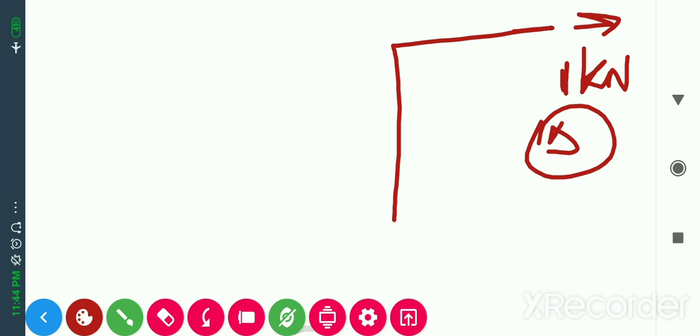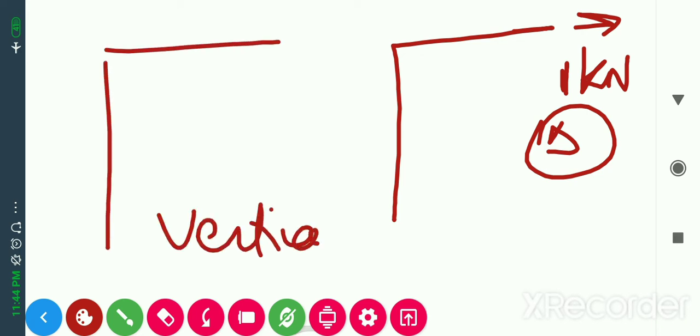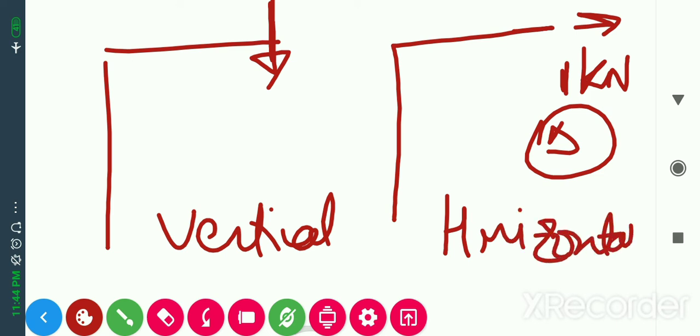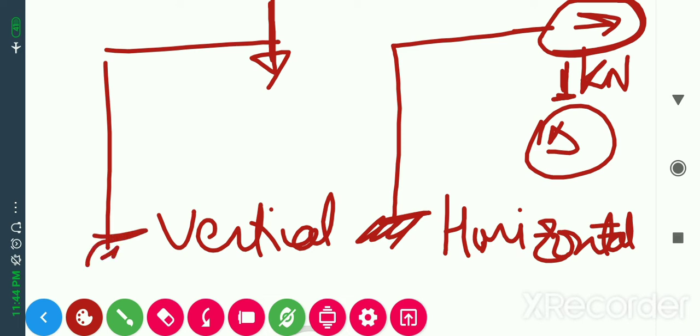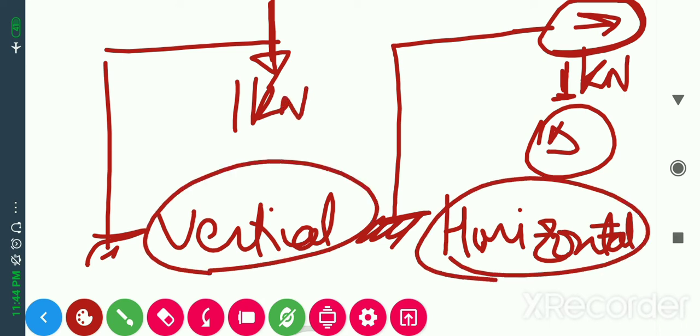In the initial case we had to determine the vertical deflection, so we applied the unit load at this point vertically downward, but in this case we have to determine horizontal deflection. So we will apply the unit load in horizontal direction. Is it clear? In whatever direction the question asks to determine the deflection, we will apply the unit load in that direction only.